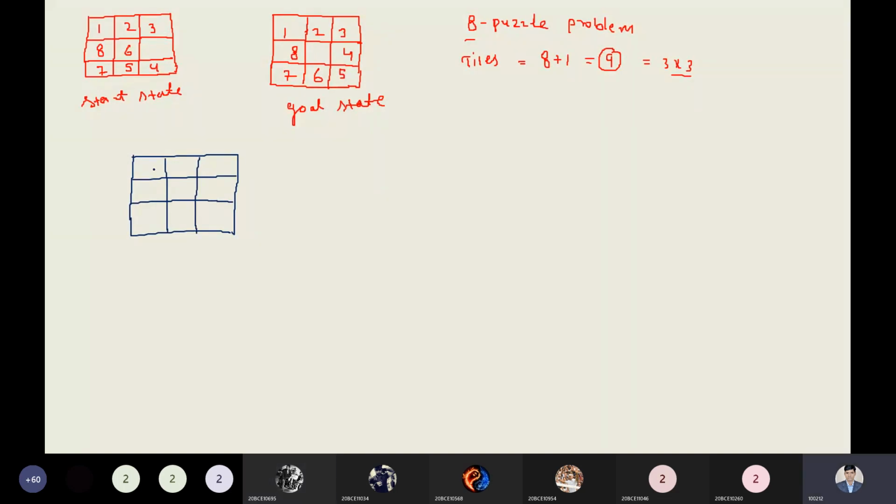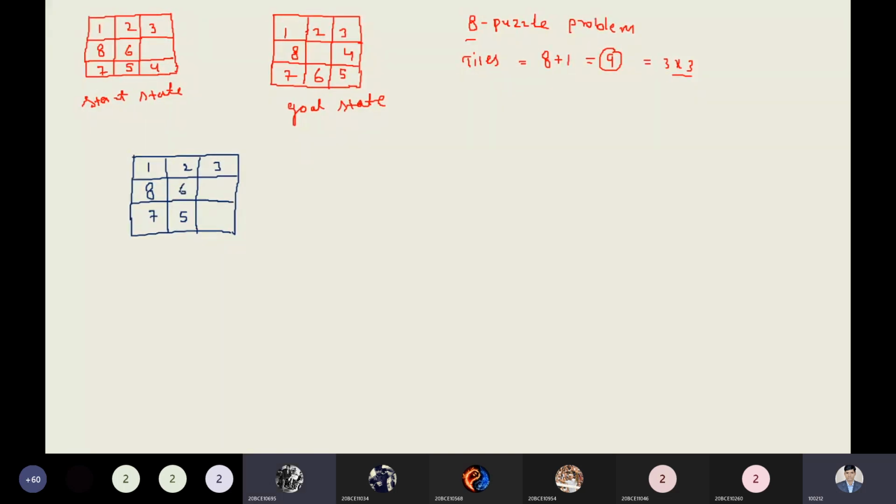So 1, 2, 3, I can write as it is. Let me write correctly. This would be the 7, and this would be as it is.